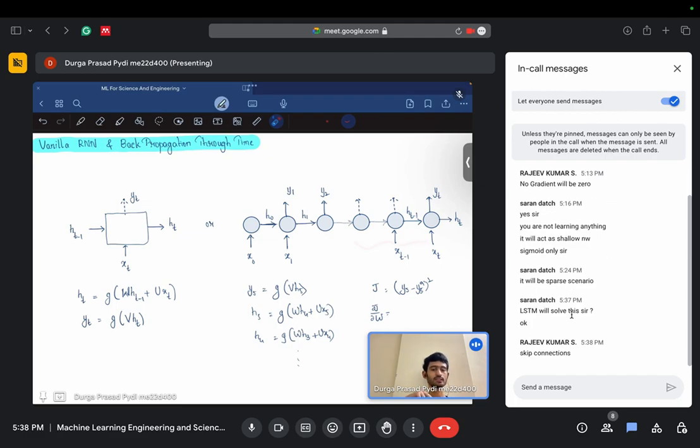Skip connections, yes. In CNNs we introduced skip connections, where essentially, say if this is my layer 1, layer 2, layer 3, and this was the usual flow from input to output and the gradient is vanishing, what we introduced there is something called skip connections, so that your gradient can actually go to the neurons directly.